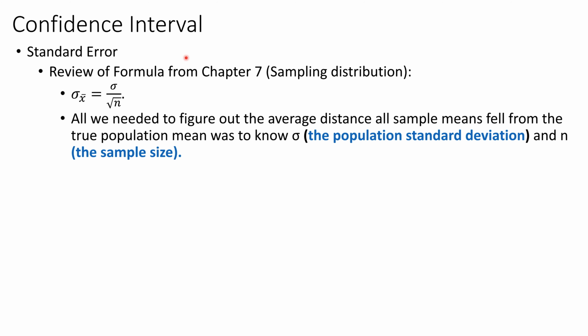One key component of a confidence interval is standard error. Recall what we have learned from Chapter 7, the sampling distribution. The standard error of x bar is calculated in this way. Sigma is the population standard deviation.